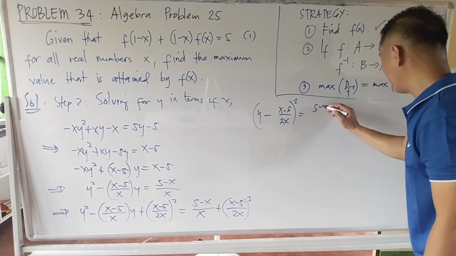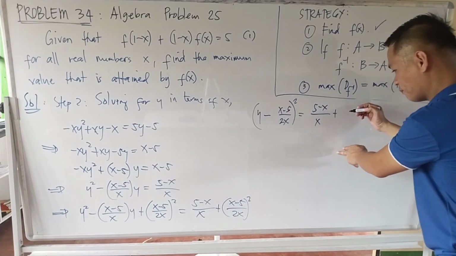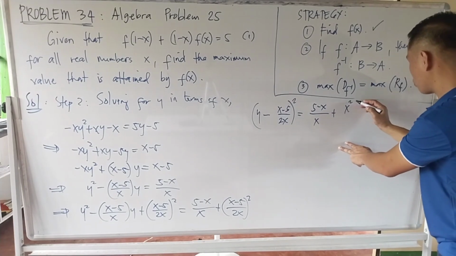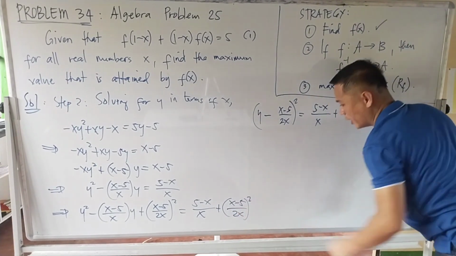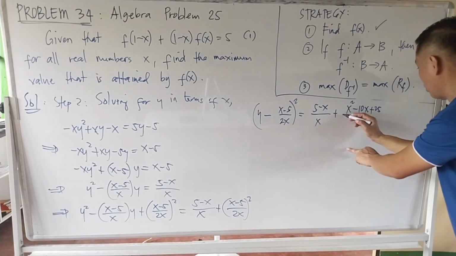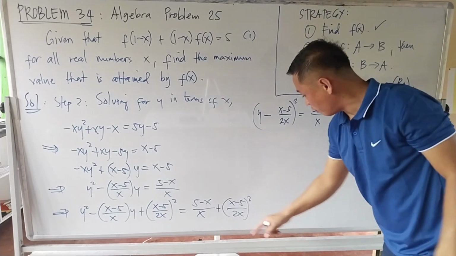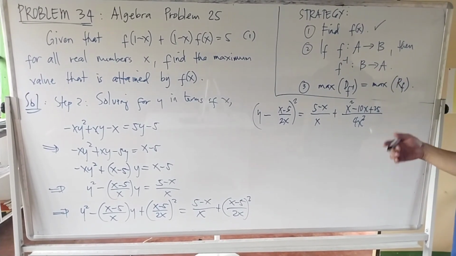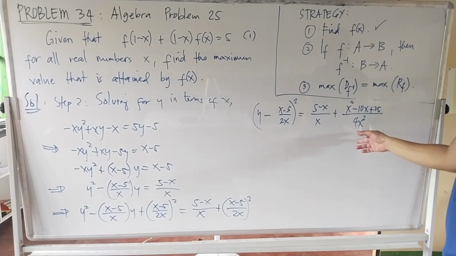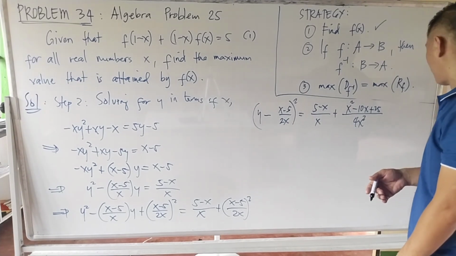So we have 5 minus x over x, then plus we have x squared minus 10x plus 25 as the expansion of x minus 5 quantity squared, then over 4x squared as the expansion of 2x quantity squared. Then, getting the LCD of these expressions, the LCD will be 4x squared, and then we need to simplify it further.